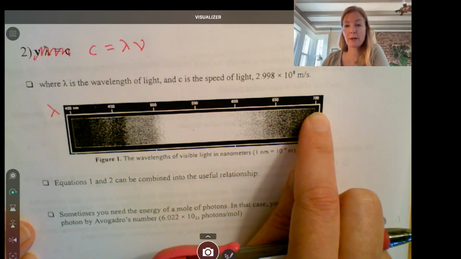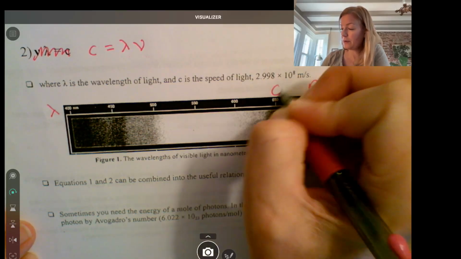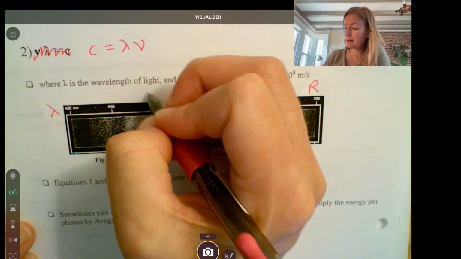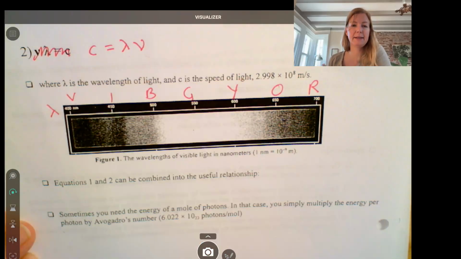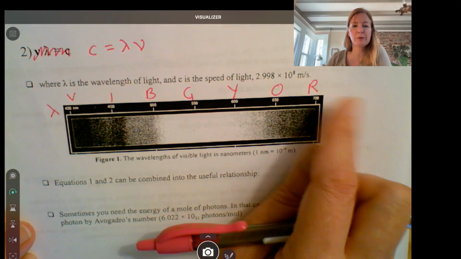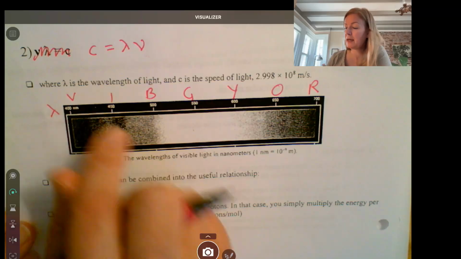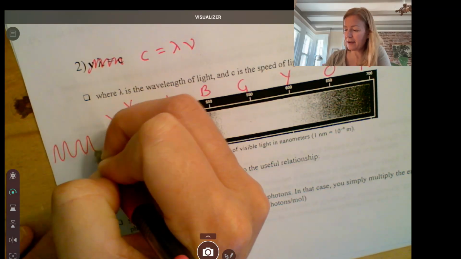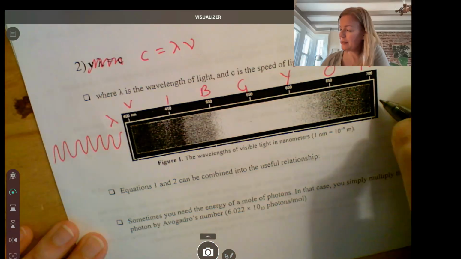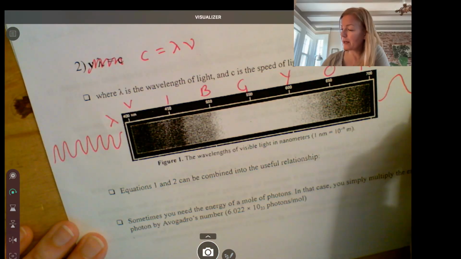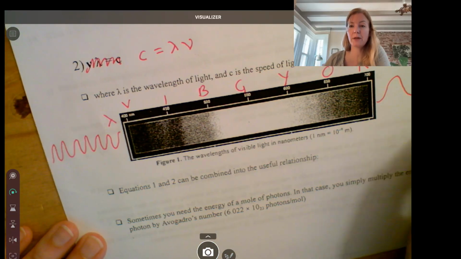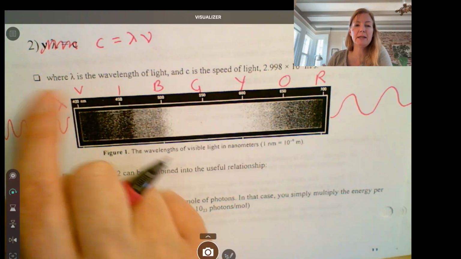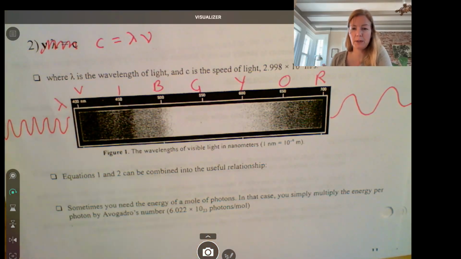So the biggest wavelength is the red, and then go red, orange, yellow, green, blue, indigo, violet, like that. So get used to seeing it VIBGYOR rather than ROY G. BIV, okay? And that means on this end, we have the short wavelength, high frequency, and on this end we have the large wavelength, low frequency, okay? So within the visible spectrum, the red light is lower energy and the violet light is higher energy, okay?